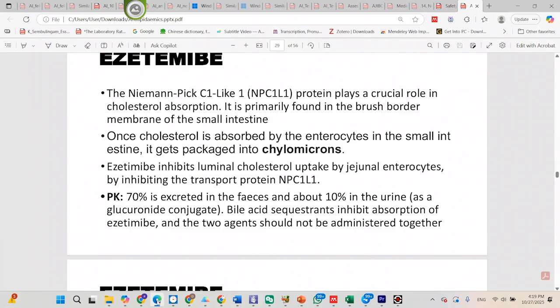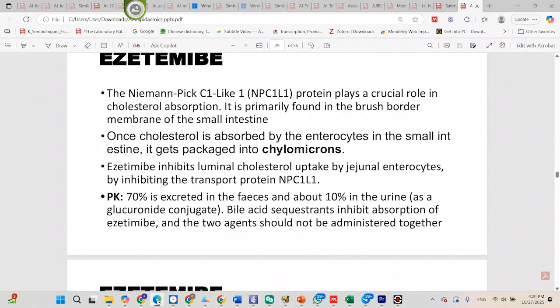Now, ezetimibe. There's a protein called Niemann-Pick C1-like protein, and this protein plays a crucial role in the absorption of cholesterol. It's primarily found in the small intestine, particularly the brush border that is rich in villi and microvilli. Once cholesterol is absorbed by the enterocyte in the small intestine, it gets packaged into chylomicrons.